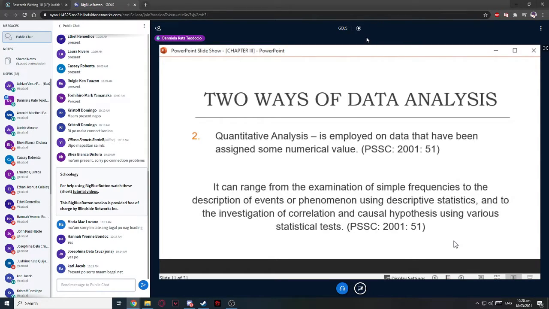So it can range from examination of simple frequencies, the counts of votes or answers, to the description of events or phenomena using descriptive statistics, and to investigating correlation and causal hypotheses using various statistical tests.